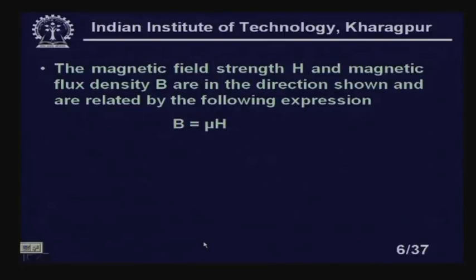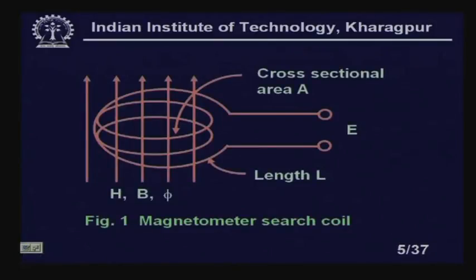The magnetic field strength H and magnetic flux density B are in the direction shown and are related by the following expressions. We have already shown the same direction it is working. Magnetic field is working in these directions, flux density is also obviously working in the same directions.